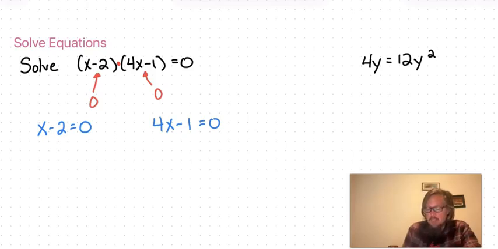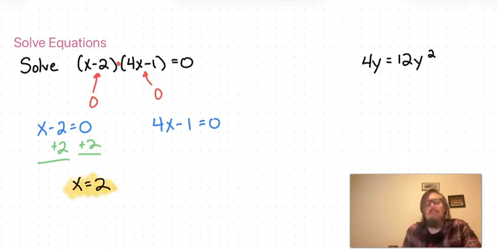One of these is really easy. x - 2 = 0. We just add 2 to both sides, and one of our correct answers is x = 2. Done. The other one is not way harder, just 2 steps instead of 1. We want to figure out what x is, so we add 1 to both sides.